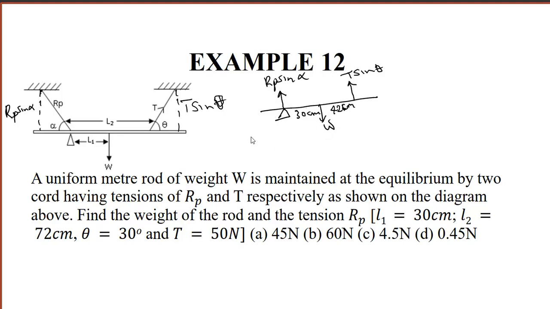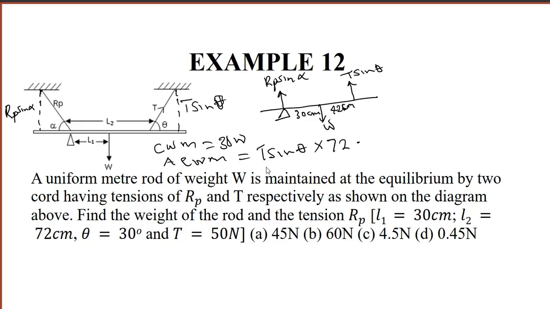So our clockwise moment will be just W times 30. Our anti-clockwise moment will be T sine theta times 72.